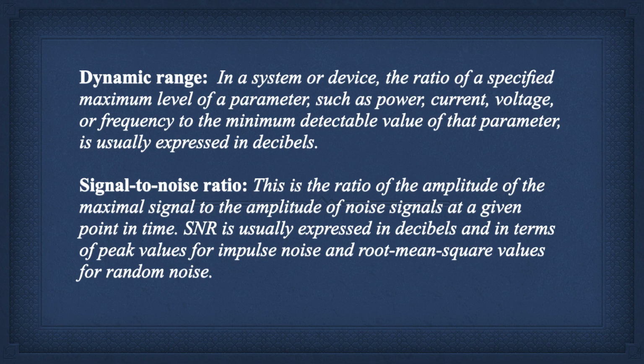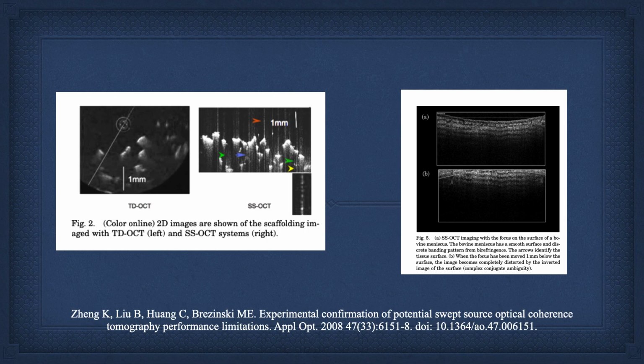And so, do we see a difference? Yes, we've published this. And I'm not going to go into these different types of errors, but the references are here, you can read about them. On the left, we image scaffolding that's used for tissue engineering with TD-OCT and SS-OCT, and tried to get all the parameters as close as possible: the power of the source, the bandwidth, everything as accurate as possible.